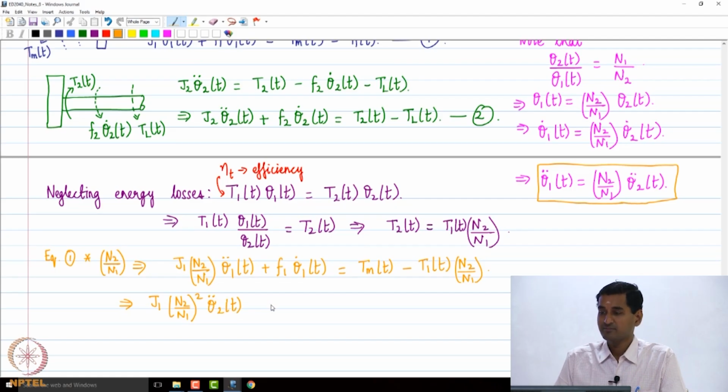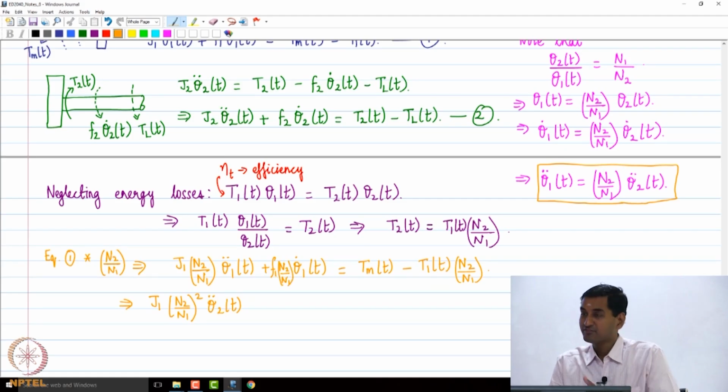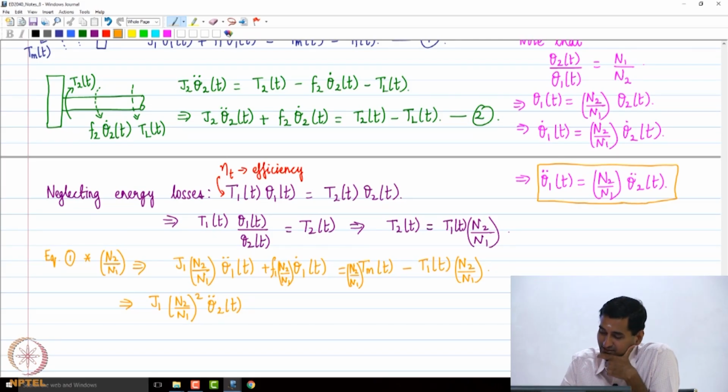Of course, I think I missed an N2 by N1 here, because I'm multiplying both sides by N2 by N1. Even F1 should be multiplied by N2 by N1, and even TMt. Sorry about that. Equation 1, I'm multiplying both sides by N2 by N1, and I missed those two terms.